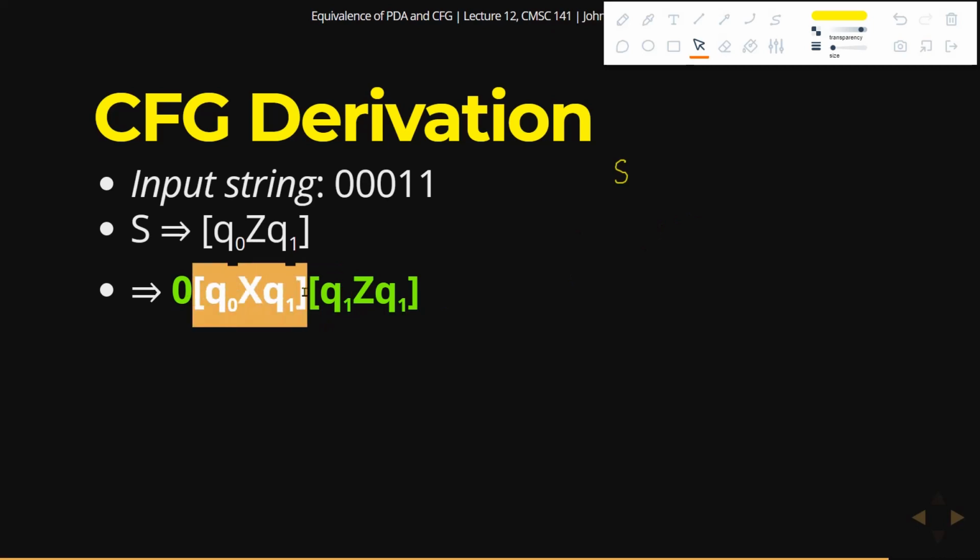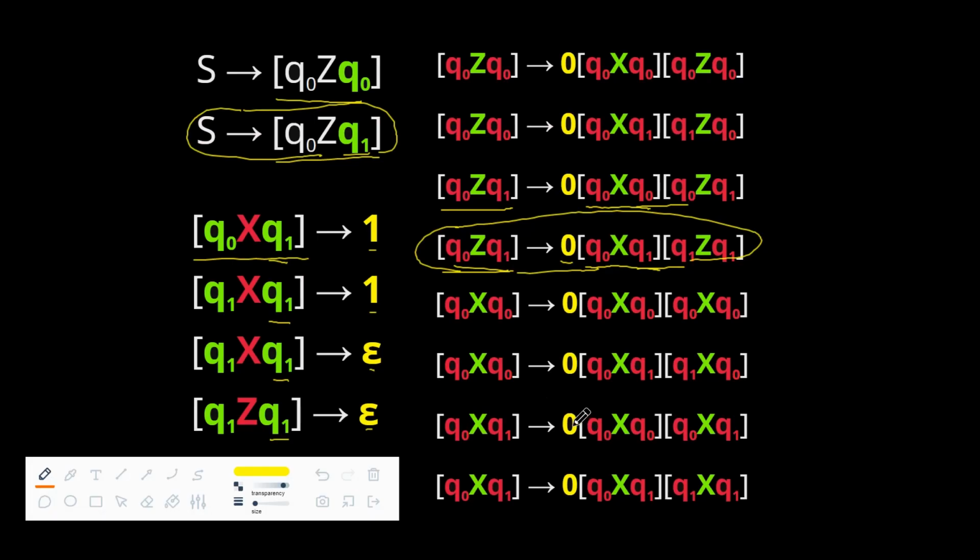Next, this variable will have to be replaced. Okay, so Q0 X Q1. So going back here, Q0 X Q1, these are the two possibilities here at the bottom, the last two, right? So again, for the same reason, I don't want to use this one, because if I want to replace this with the terminal later on, there are no replacements for terminals, whereas this one, Q0 X Q1, has a replacement, which is 1, right?